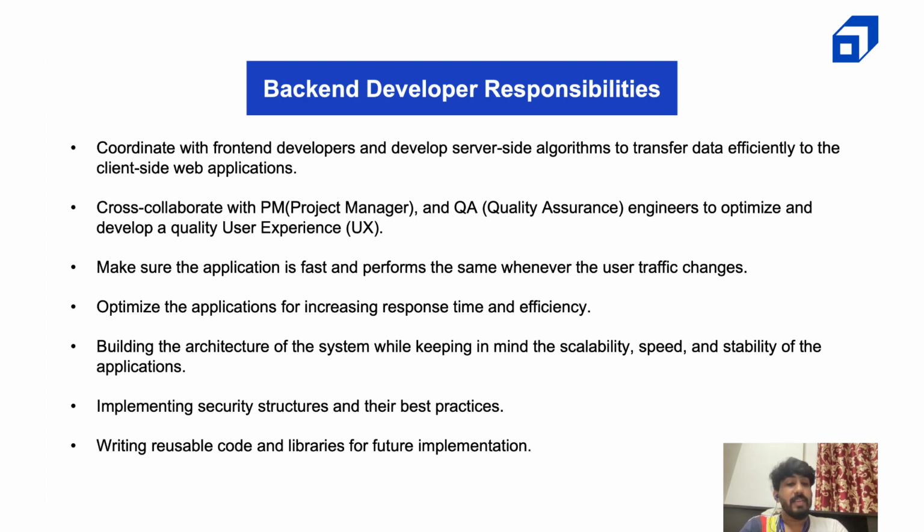And then the application should work fast and it should perform well even though the traffic changes. So currently if there are 100 users trying to retrieve information and they're getting it in 0.1 milliseconds, and now there are 10,000 users trying to do the same, if your application gets slow, then customers would start to hate your product, right?